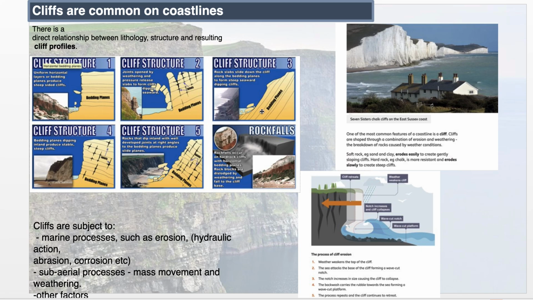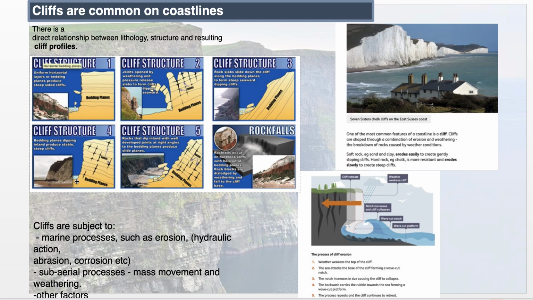But you can see the cliff profile here is a lot less vertical, dipping towards the land. Here the bedding planes are basically angled away from the sea, and we've again got fairly stable steep cliffs because there is less opportunity. If weathering occurred on the top of the cliff here, the land would not fall into the sea, it would slide the other way.